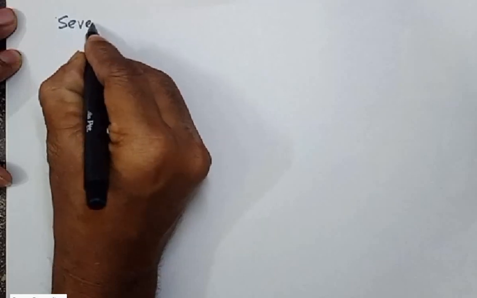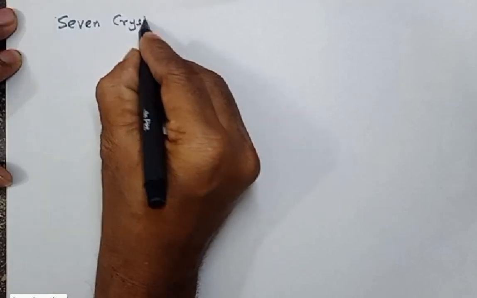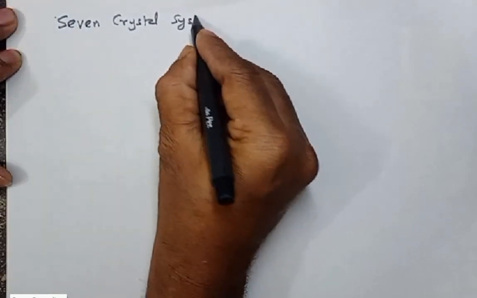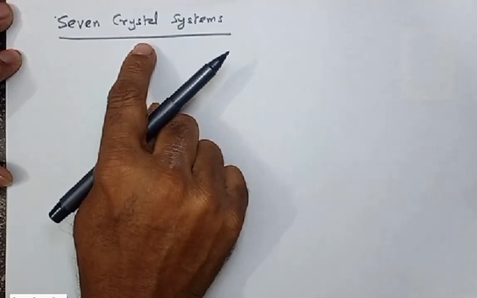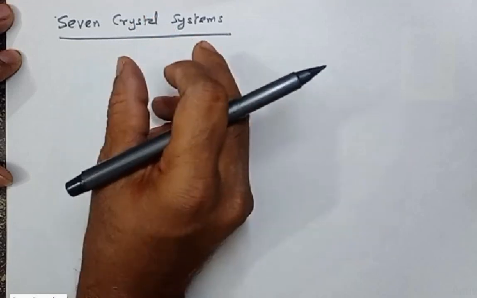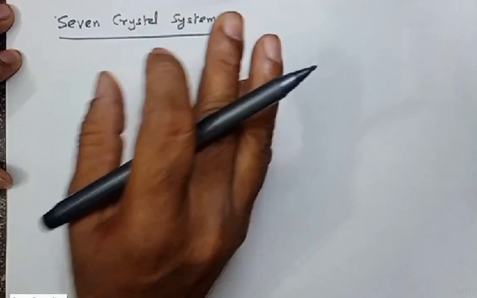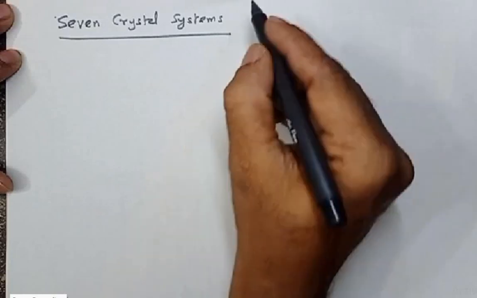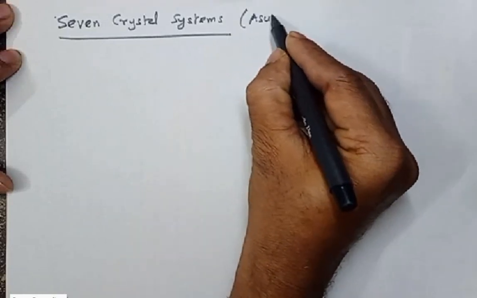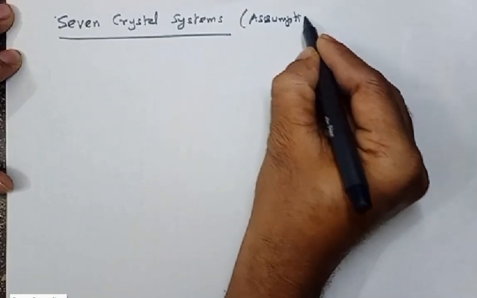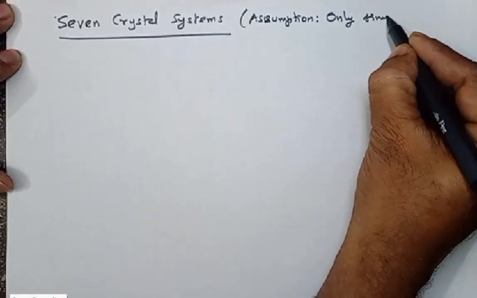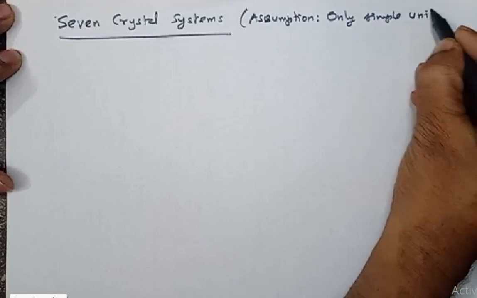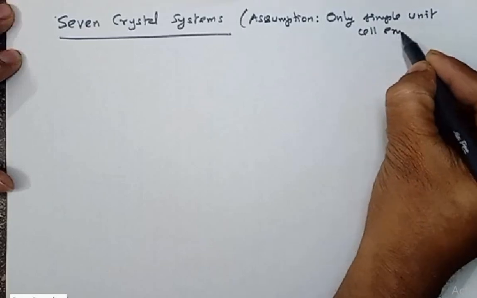So, 7 crystal systems. Remember, these 7 crystal systems were developed based on the assumption that only simple unit cells exist. So what is the assumption? The assumption here is that only simple unit cells exist.